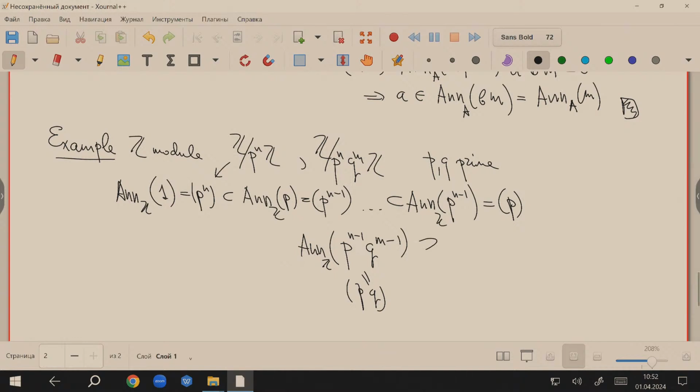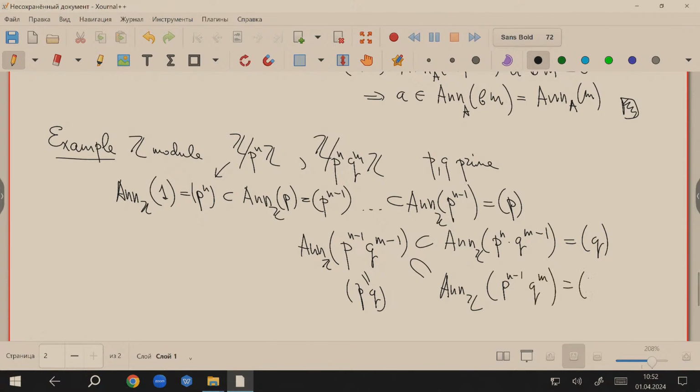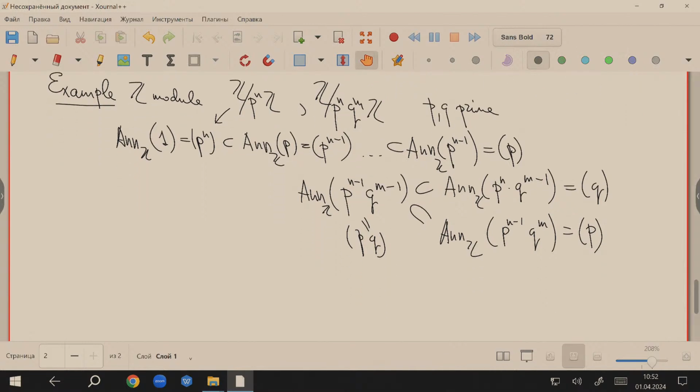You can either multiply by P or you can multiply by Q. So you can stop at the annihilator of this form, which is just Q, and you can stop at the annihilator of this form, which is just P. Yeah, so you see that this algorithm is quite convenient, and clearly it gives you how you can find this out.